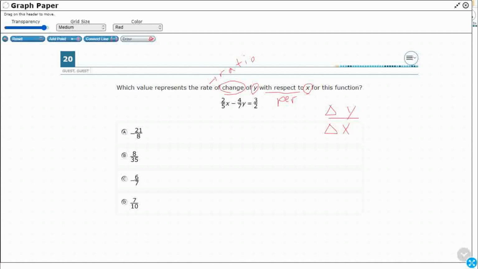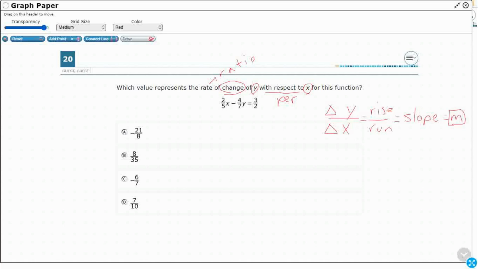Hopefully, this looks familiar to you. Because when we're looking at the change in y over the change in x, typically we would say, what's the rise over run? And if we're looking for rise over run, that means we're looking for the slope. So if you're thinking slope, you are correct, which means I just need to find the m.